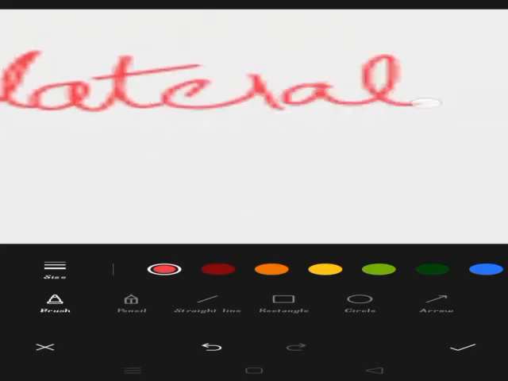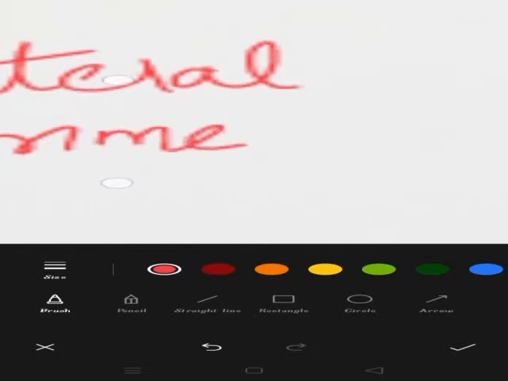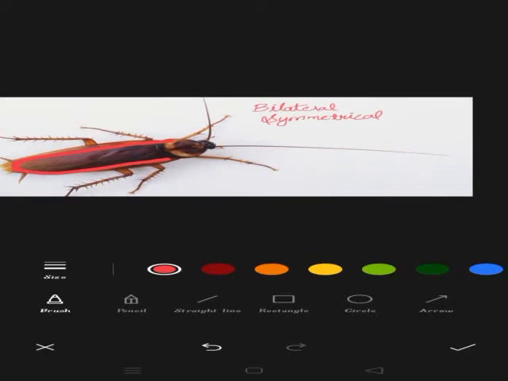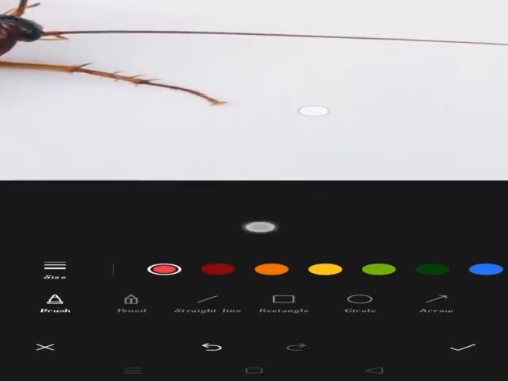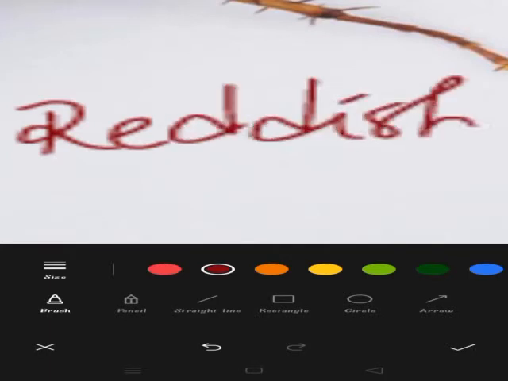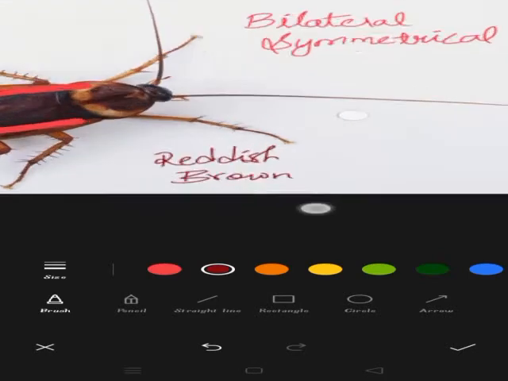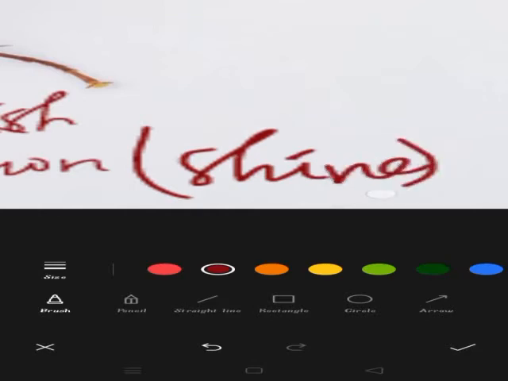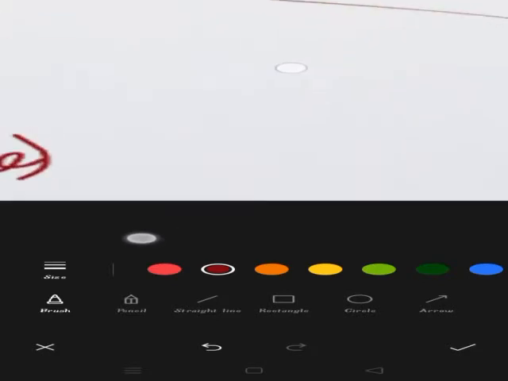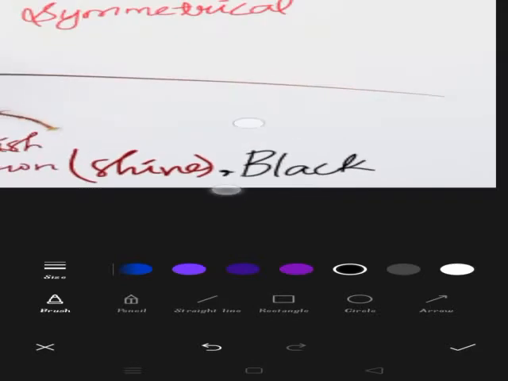It is bilaterally symmetrical. And the color of the cockroach is shining reddish brown, and sometimes it may be black also.